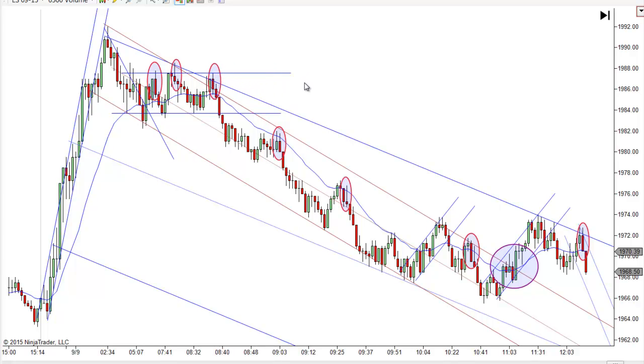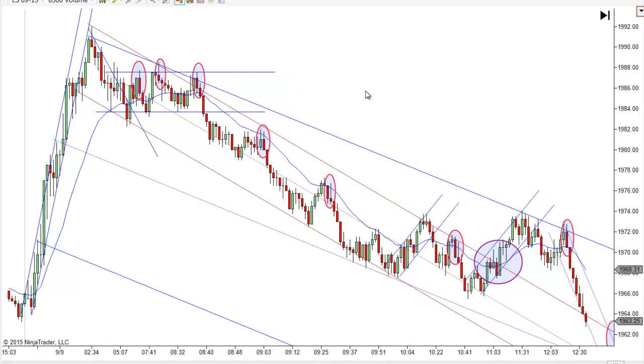So this one, it's close to being green, but I'm not even gonna give it green because of all that overlap. That's congestion, and the odds are it's gonna break out and fail and turn down. And it's really kind of a double trap too, if you think about it, because it did break out and fail, and you broke lower than that.